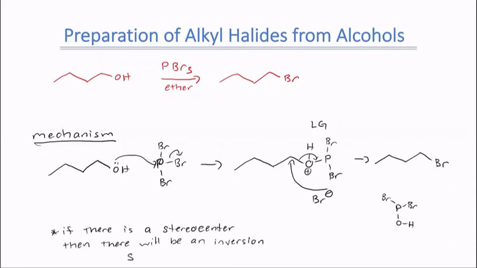So what that means is if the starting stereocenter is S, the new stereocenter will be R. This also happens with the SOCl2. So with SOCl2 and PBr3, you're going to get an inversion of the stereocenter. So if it starts S, it's going to become R. If it starts R, it's going to become S.